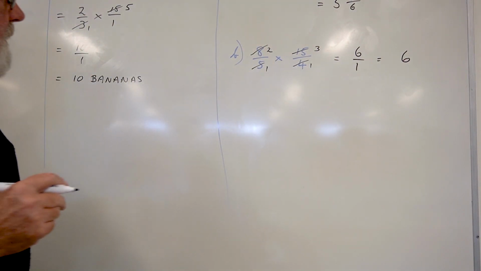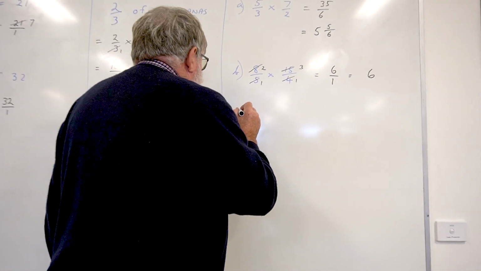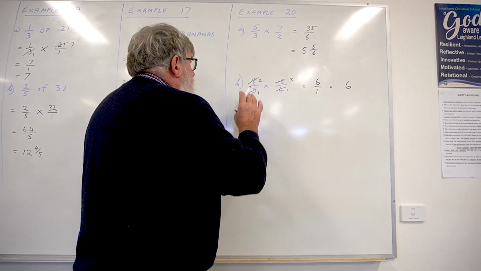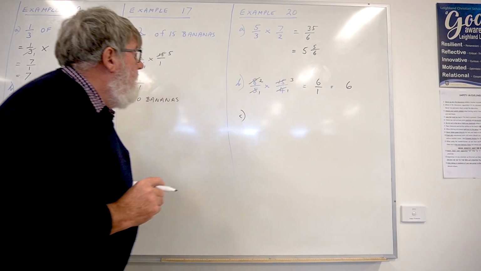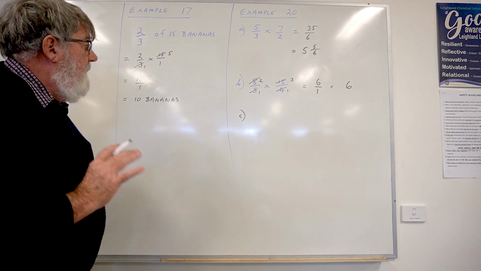I'm going to throw in one more example just to make sure that you are up to speed with things. We can only do our cancelling when we have our numbers as improper fractions. We can't have mixed numbers.